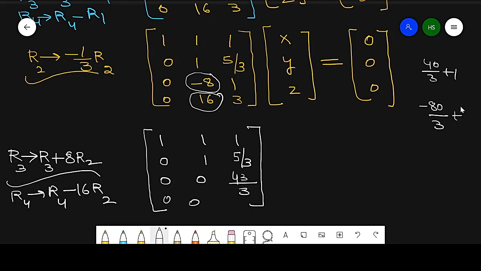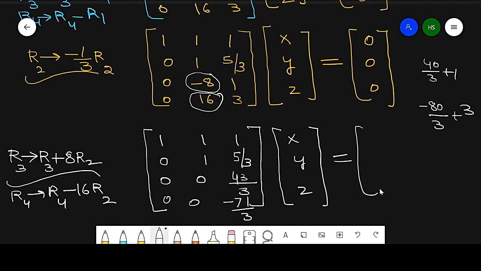So this is minus 71 by 3, into x y z, equal to 0 0 and 0.